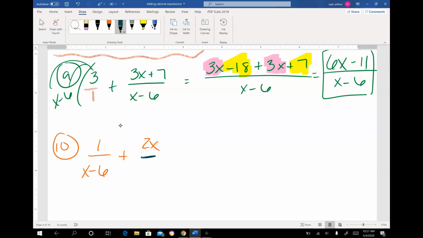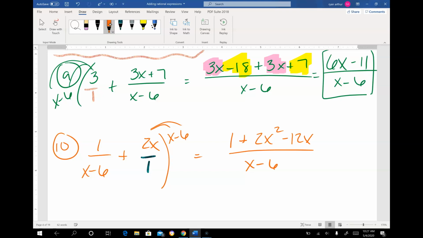So when I put 2x over 1, it's now a rational expression. Okay? So the left-hand side's missing nothing. The right-hand side, though, is missing that x minus 6. So I'm going to leave that 1 alone. Okay? Plus, distribute the 2x and get 2x squared minus 12x all over x minus 6.